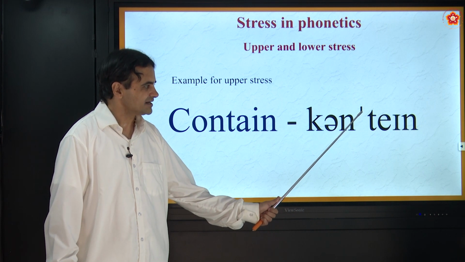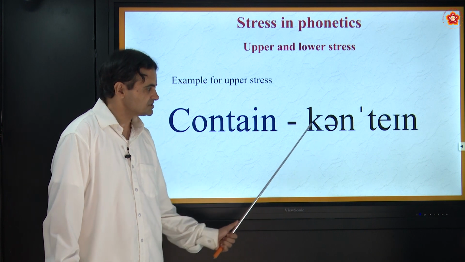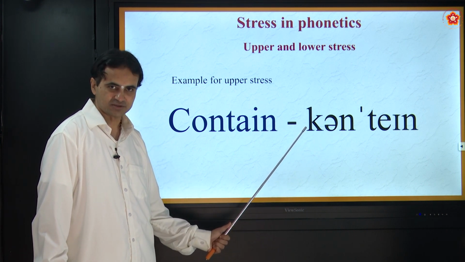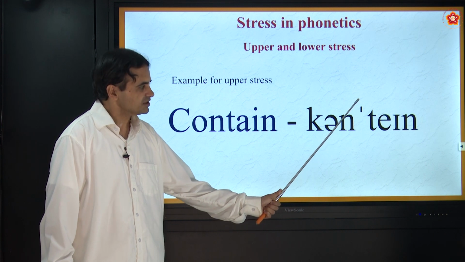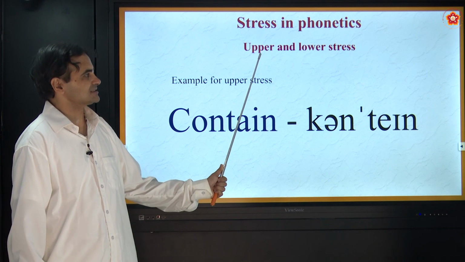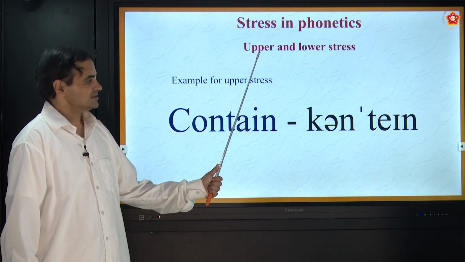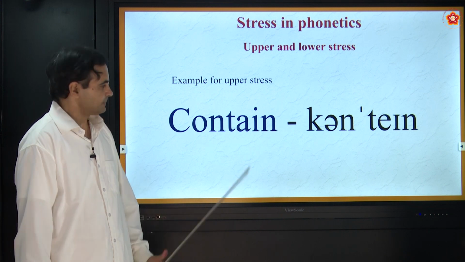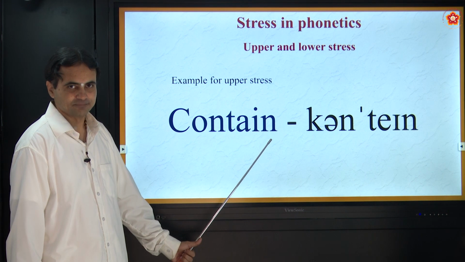And if we see a dash up here, that is upper stress. Sometimes it will be low, we will show you that also. But here we have a dash which is given above the letters, therefore it is called upper stress. So how to pronounce this? Let us see this word, contain.